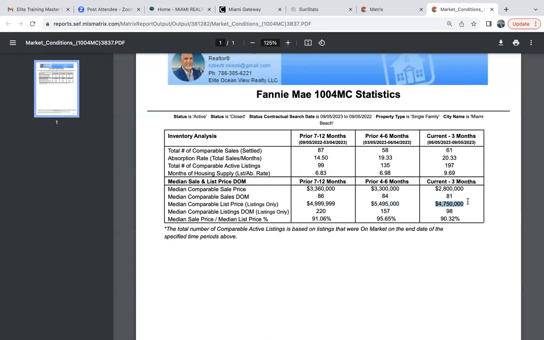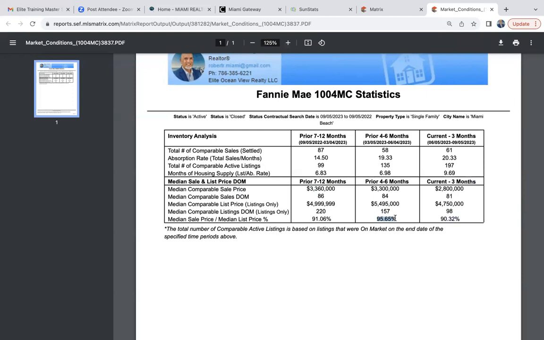And currently in Miami Beach, we are selling properties at 90.3% of the original list price. So basically 10% off of the original list price. And that is down from 95.6% in the previous 3 months.